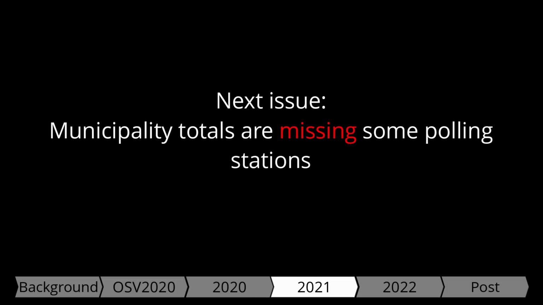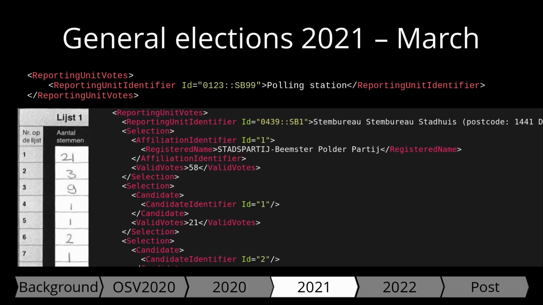Then the biggest issue we had. This is the thing you don't want. Municipality totals are missing some polling stations in their results. This was the worst one. Because of the XML, we could at least detect it.